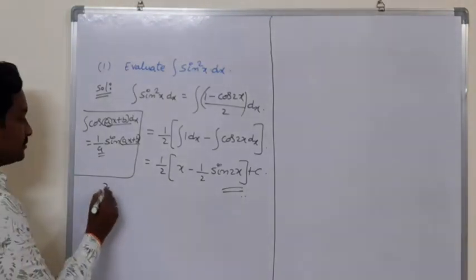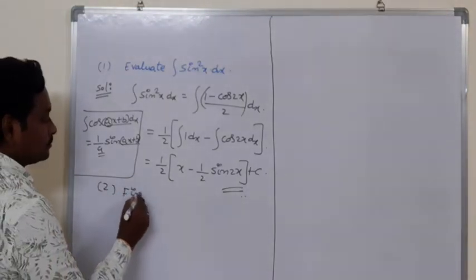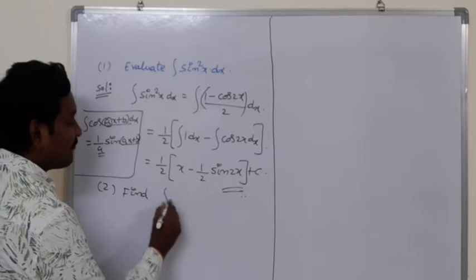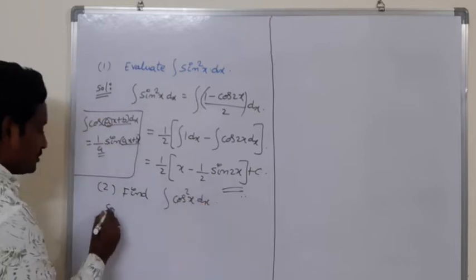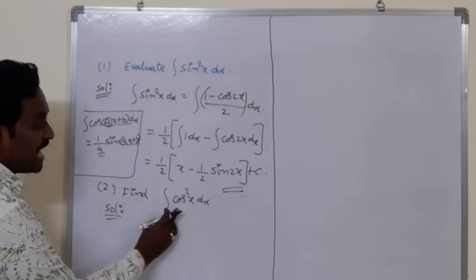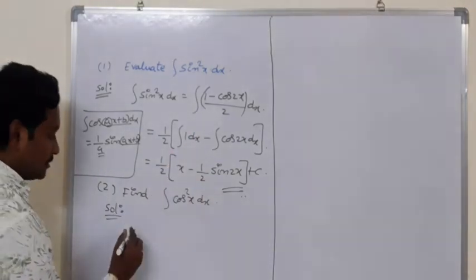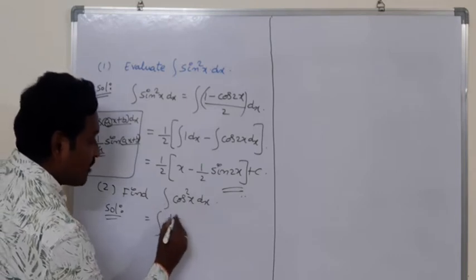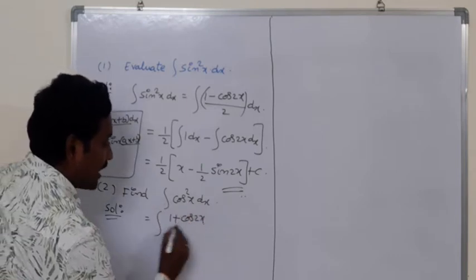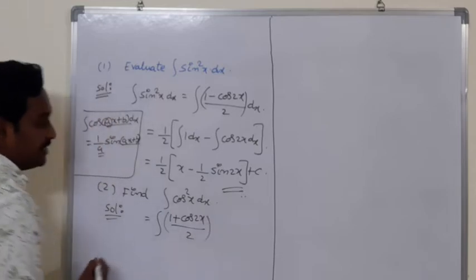Similarly we can find integration of cos square x also. Solution. We do not have the direct formula for cos square, so you will write cos square x as (1 plus cos 2x) by 2 according to the knowledge from trigonometry.